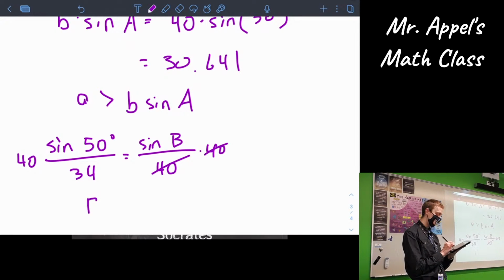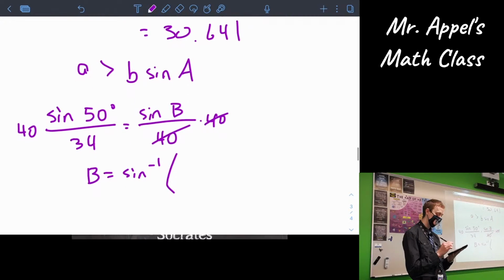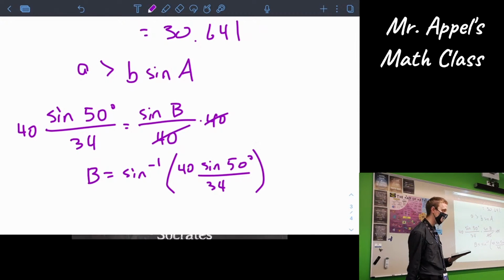And so B is sine inverse of sine 50 degrees over, oops. Need to save room for the times 40. Times 40 divided by 34. Yeah?